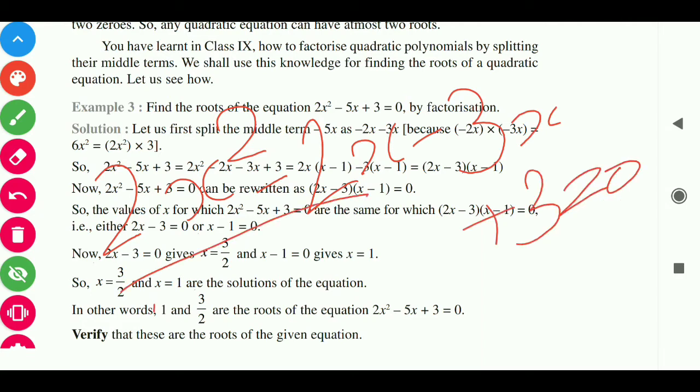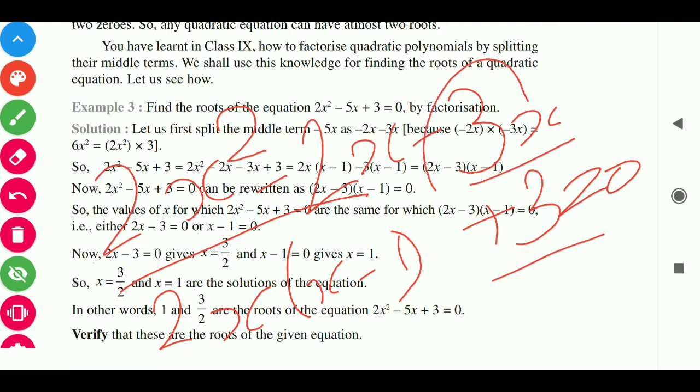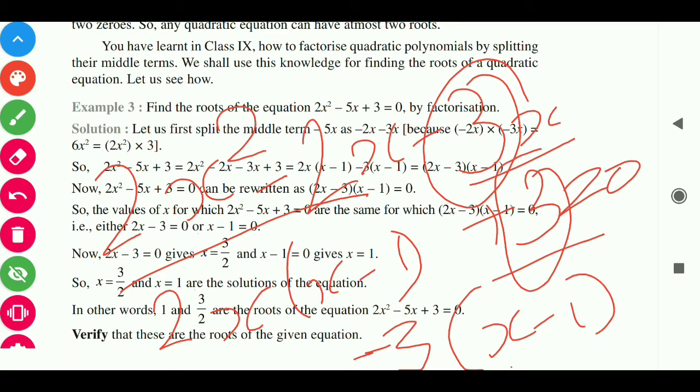Here you will take 2x common out and you will have x minus 1. Similarly, in this you will take out common 3, so you will have minus 3 common out and x minus 1 equals to 0.